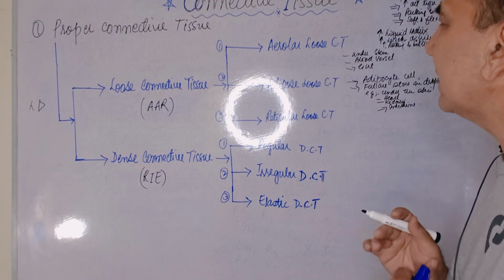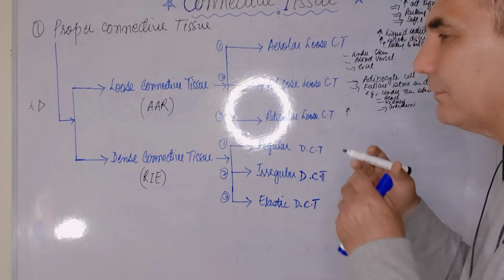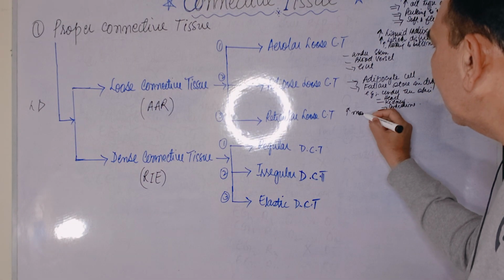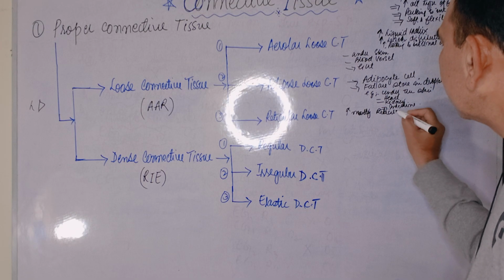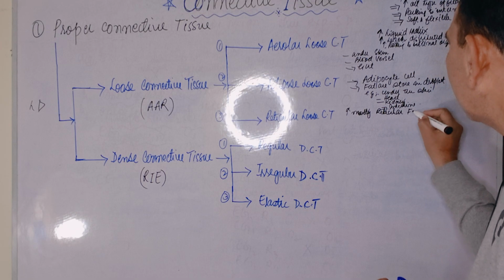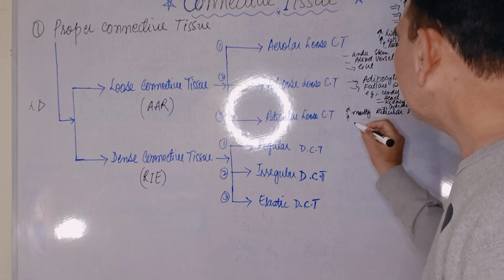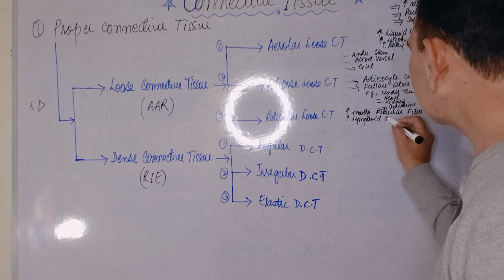Now the third type is the reticular loose connective tissue. Reticular loose connective tissue has some characteristics. It is mostly made up of reticular fibers, and these reticular fibers are mostly found in the lymphoid organs.